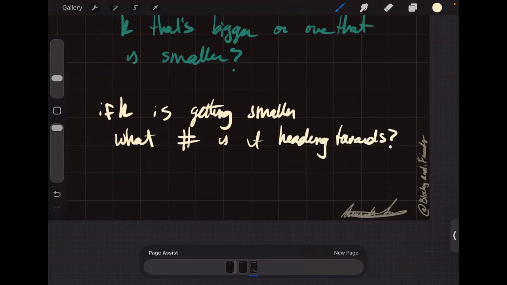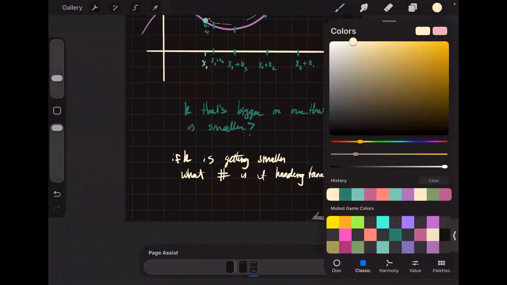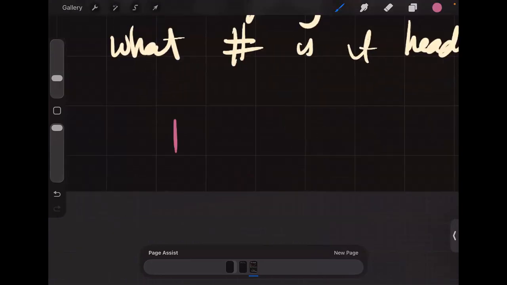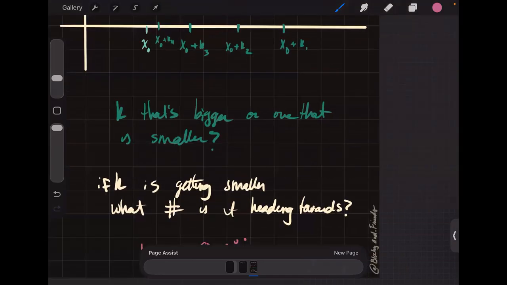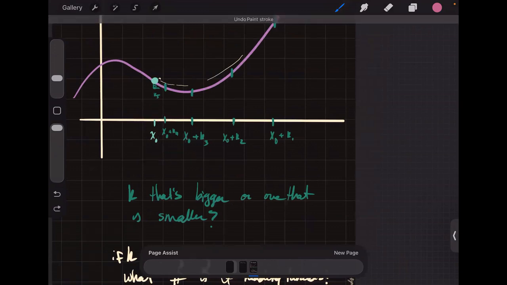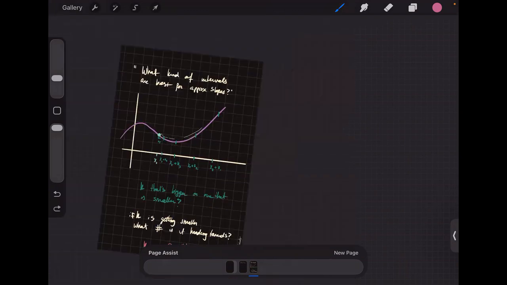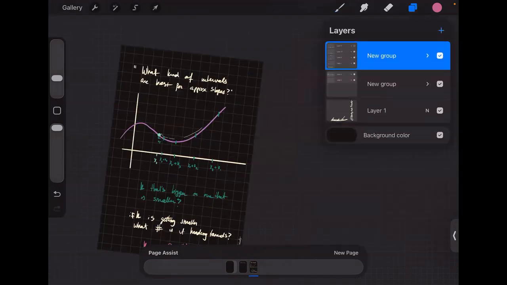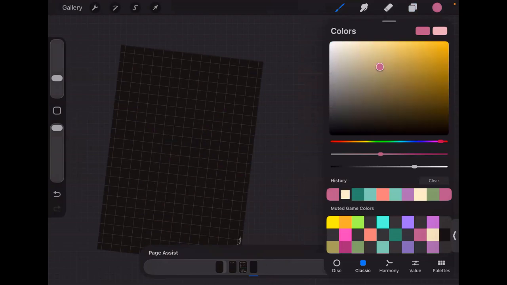I'll give you a second to think about it. For me, I would say that k is heading towards 0, because your distance from your point A to your point B is getting smaller. And so congratulations, you have discovered the idea of limits.